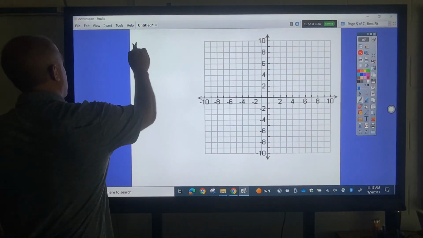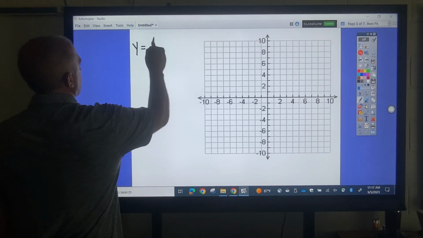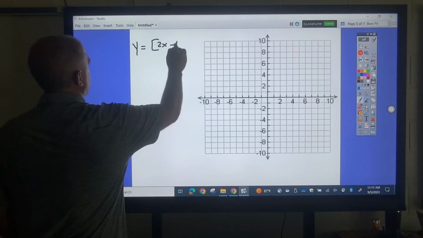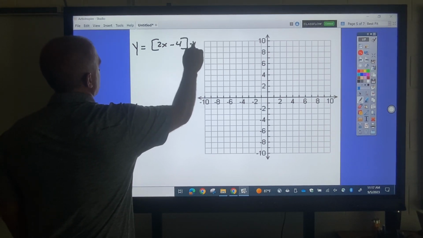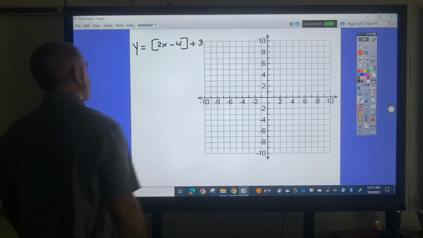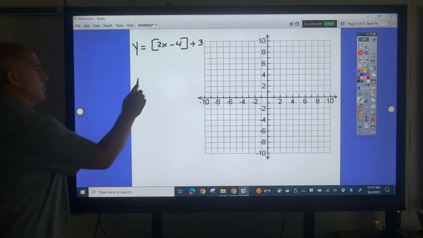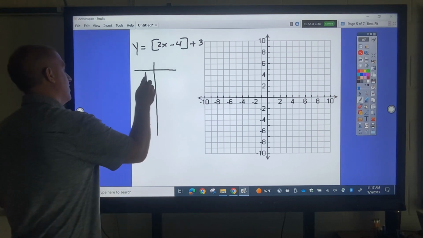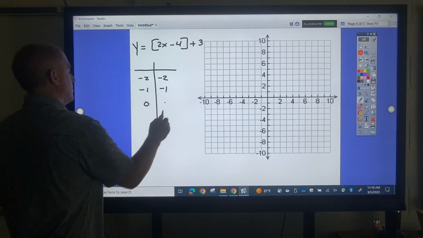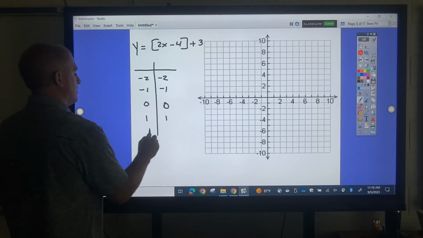Okay, let's say I have y equals the greatest integer of 2x minus 4, plus 3. All right, so it would start out the same way: negative 2, negative 1, 0, 1, 2.